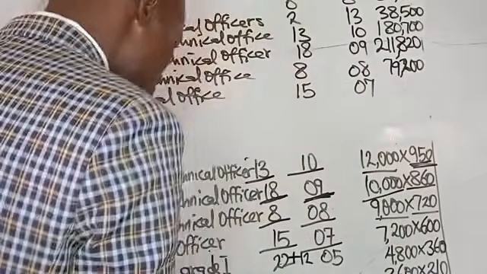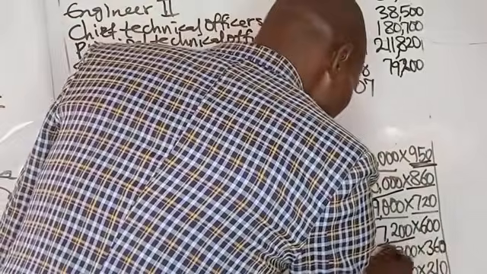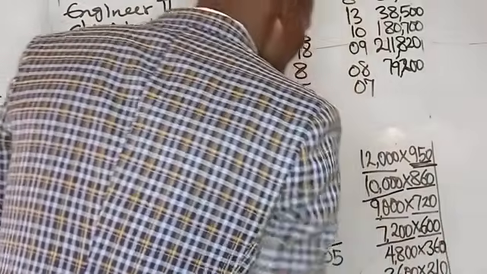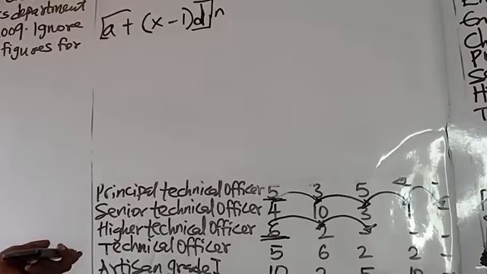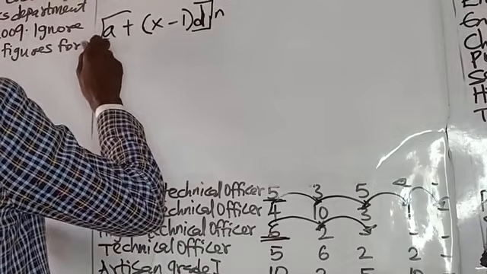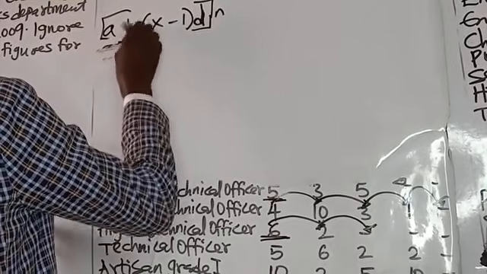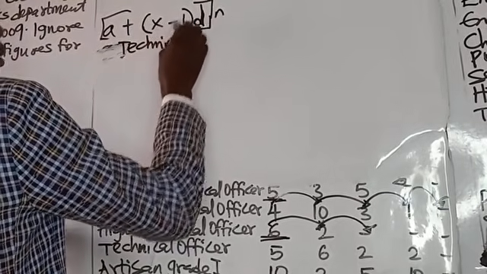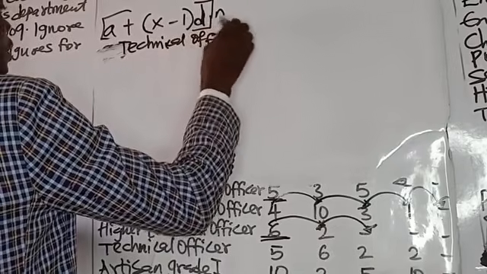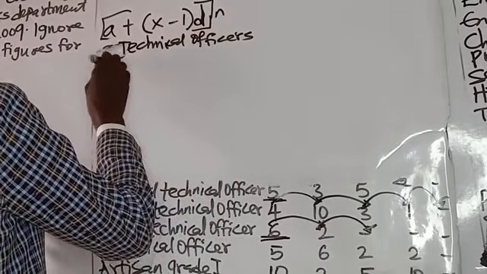So their basic salary is 7,200, increment of 600. Their basic pay is 7,200. Technical officers.